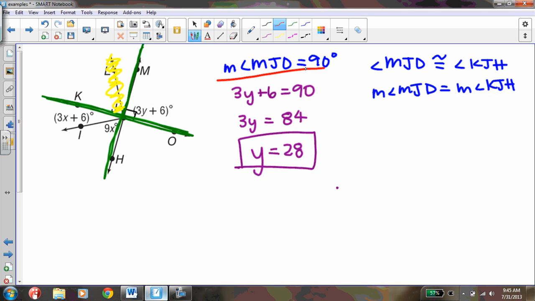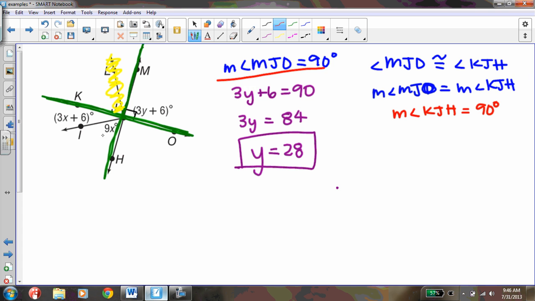I know that MJO is a right angle, which means that it measures 90 degrees. Which means that the measure of KJH also has to equal 90 degrees.